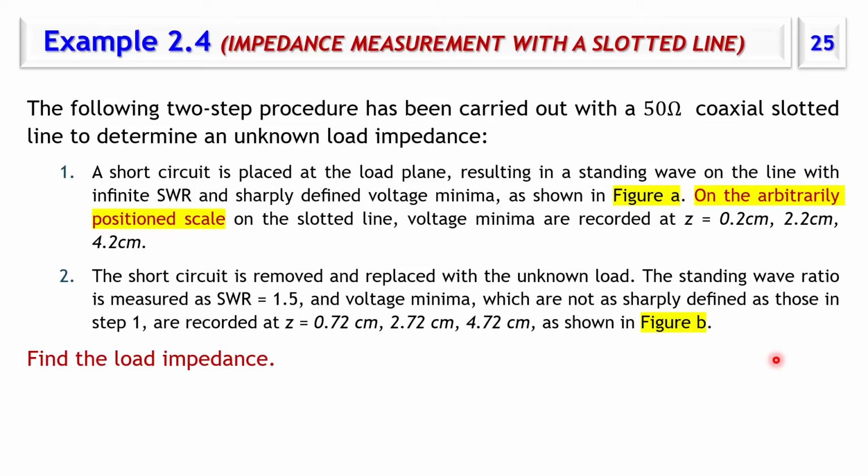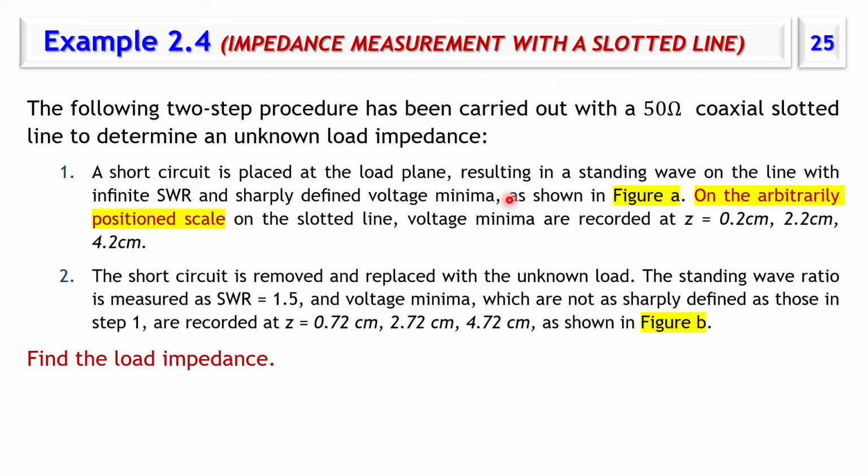We have a two-step procedure to find an unknown impedance using a 50 ohm coaxial slotted transmission line. First, a short circuit is placed at the load plane. So at the point of the load, we put a known load, which is a short circuit. This short circuit will result in a standing wave on the line.